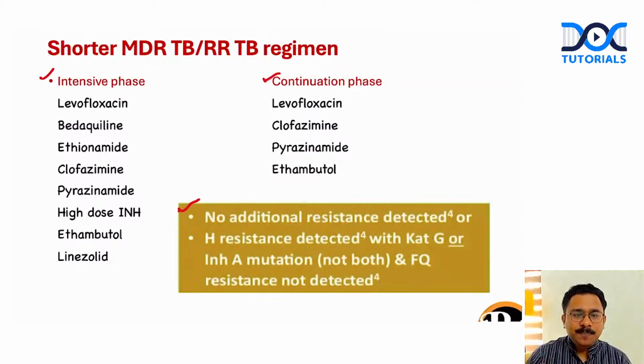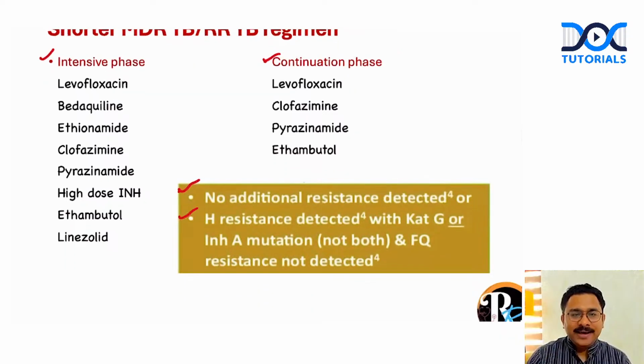The next point is that if there is INH resistance, it can be a resistance to the katG or inhA gene or maybe both. But if there is resistance to either katG or inhA, but not both, that is when you can consider the shorter.